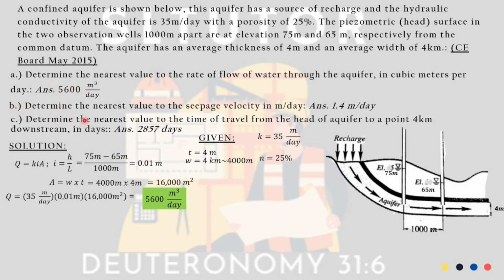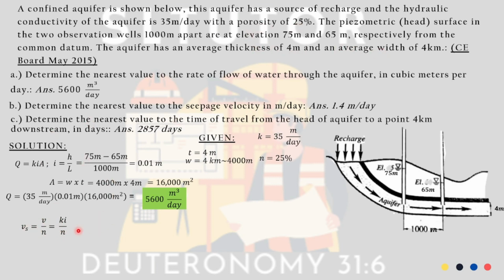Letter B. Determine the nearest value to the seepage velocity in meters per day. So, direct substitution rin naman to. Ano bang formula ng seepage velocity or V sub S? Ang formula ng V sub S is V over N, tapos papalitan lang natin yung V na KI over N. Given naman yung N, ano ba yun?